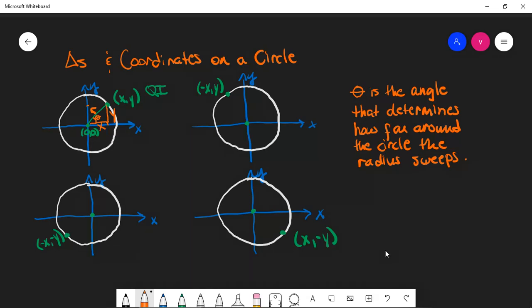Here we are in the second quadrant, the point on your circle. We've had a radius sweeping around your circle and it stops right here. This is your angle. It starts at the positive x-axis and stops where that radius is.